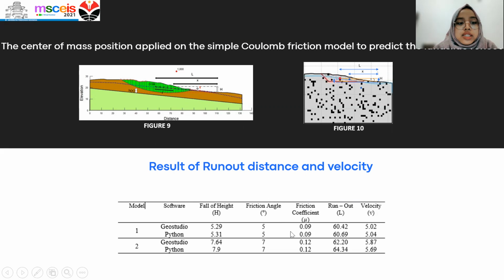The runout distance and velocity using BIMSTAB are slightly higher than those of Slope/W, because the fall height of the BIMSTAB model is slightly higher than that of Slope/W.